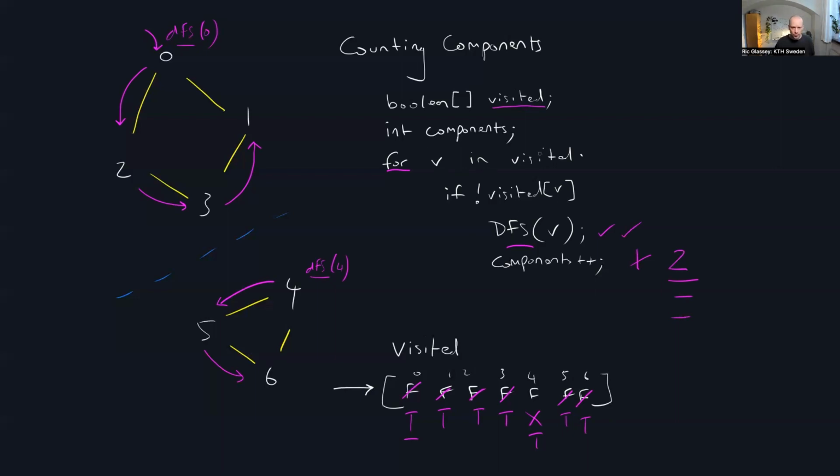So the thing to take away is we're using a depth-first search like a sort of helper function to navigate through or traverse through all of the vertices. But we're trying to solve the problem as well. How many components are there in this particular graph?